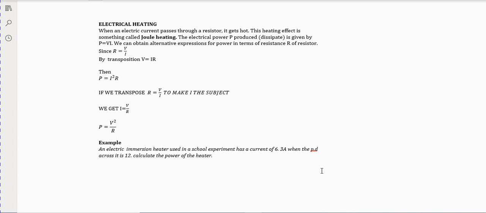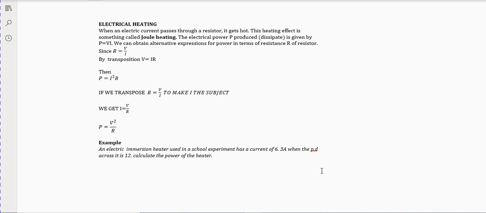So we expect that our component is going to get hot over time when we use it, and it's going to lose some amount of heat throughout the process. Now this heat is really a measure of power.